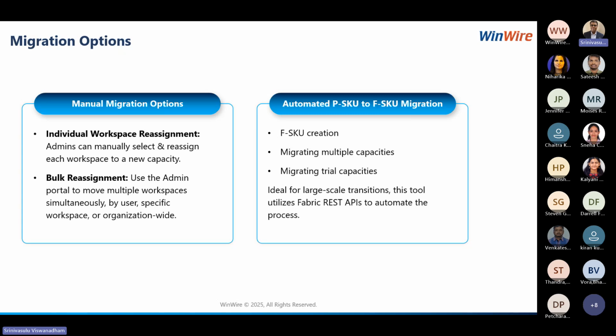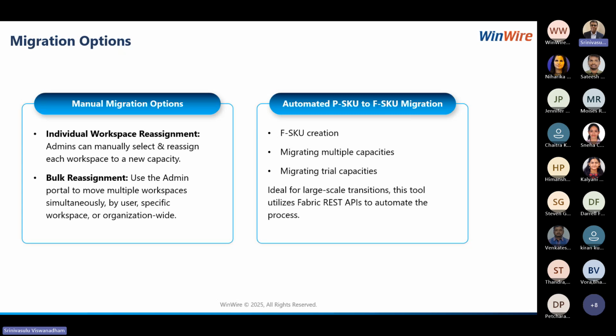In this automation script, we are typically migrating one or multiple P1 or P2 capacities, or anything from P to F SKU. That is how we make sure every view or data analytics activity uses only the F SKU rather than the P SKU, and the P SKUs are decommissioned right after that.